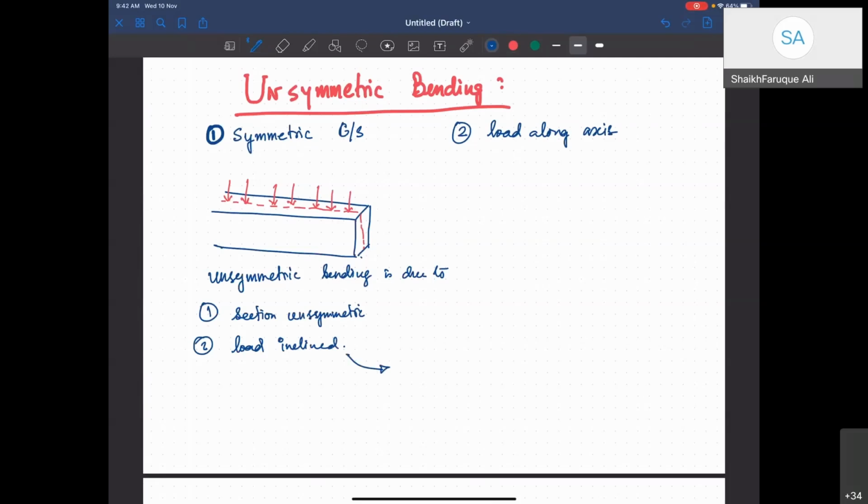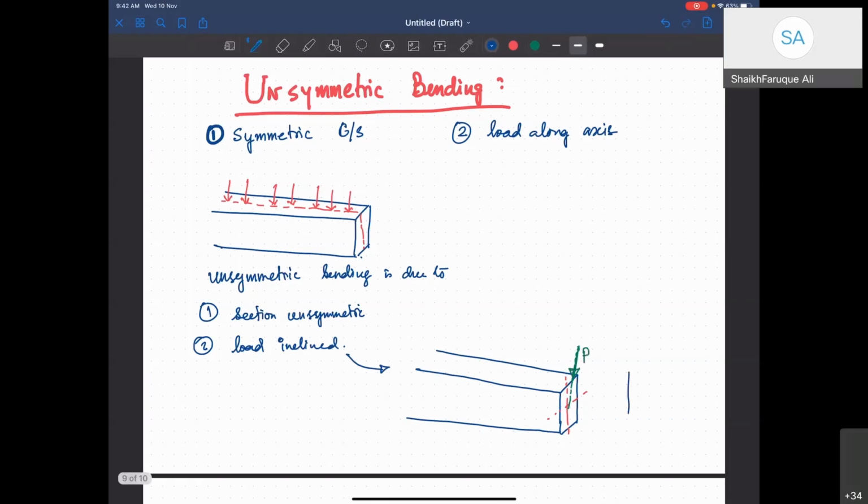Okay, load inclined meaning what? Load inclined meaning again you have that same beam. Okay, and let's say your line of symmetry goes from this point. I think the load goes from some angle here. So load is applied here in the form of P. Okay.